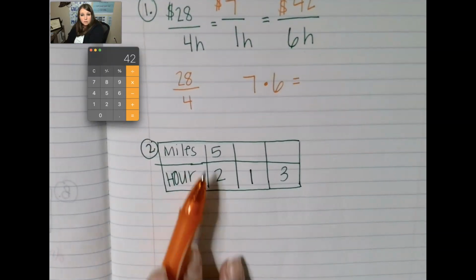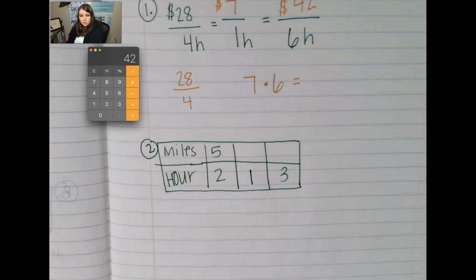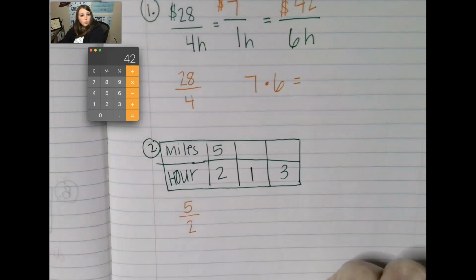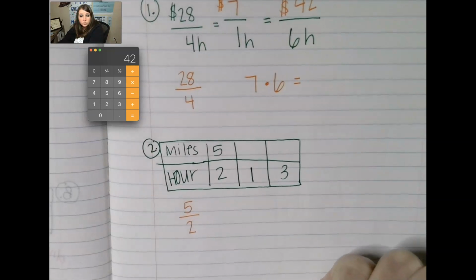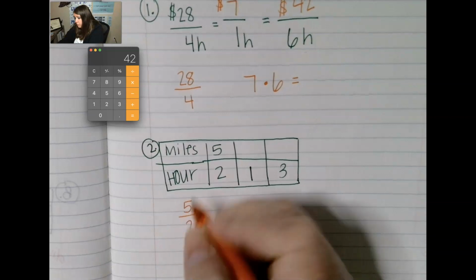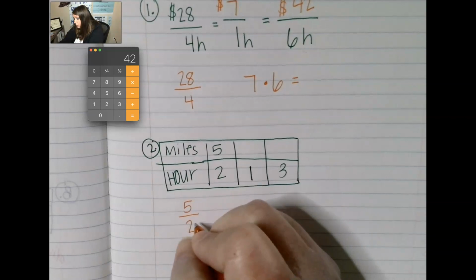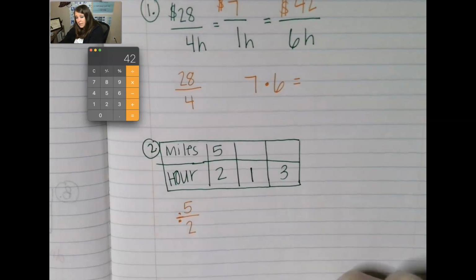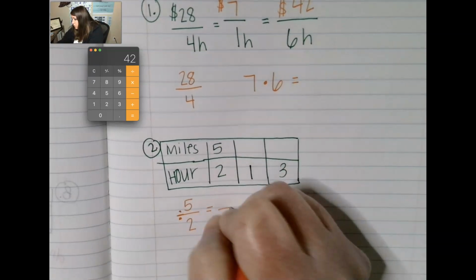Let's do this one. So I get 5 divided by 2. Well, that is just 5 over 2. We're going to keep that fraction as is. That's going to be equal to 1.